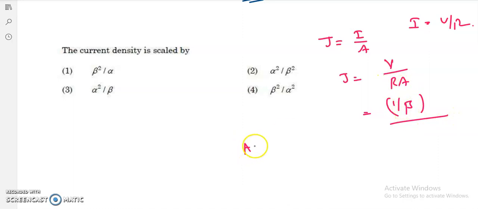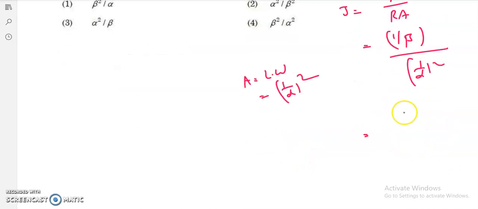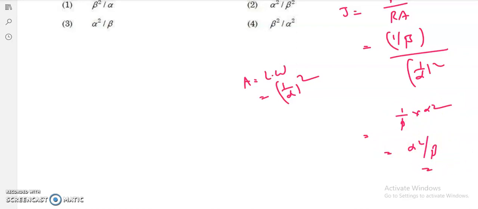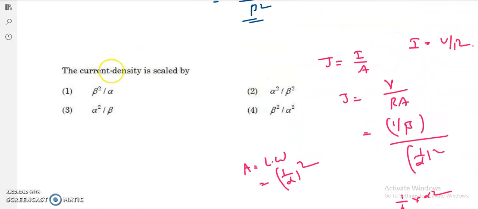And the area, as I previously told, is the product of the length and width of the channel, that is 1 divided by alpha whole square. So it becomes 1 divided by beta into alpha square. So the answer is alpha square by beta, which is the correct option for the current density.